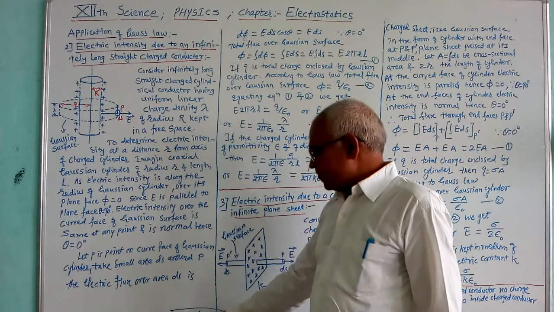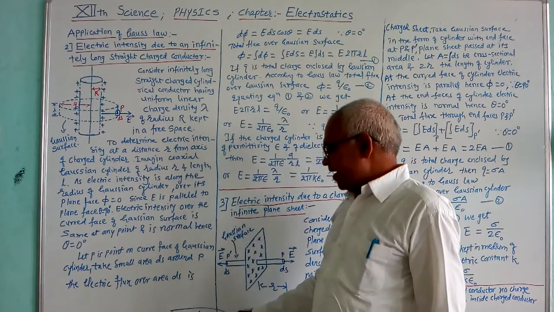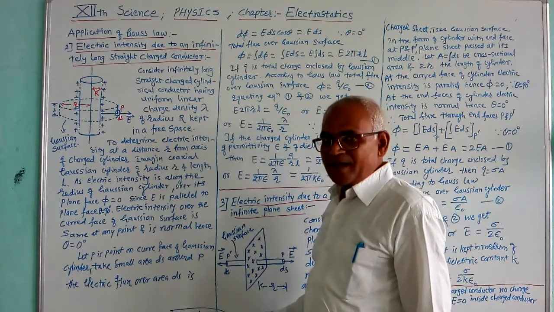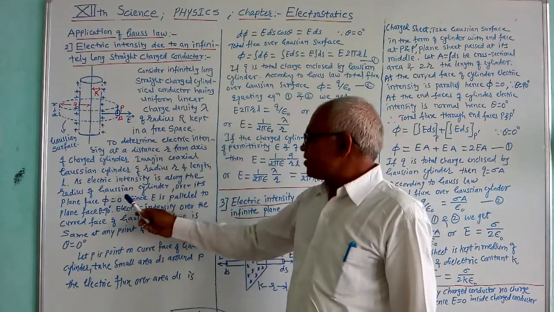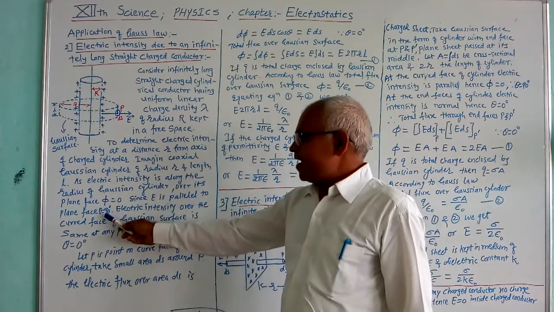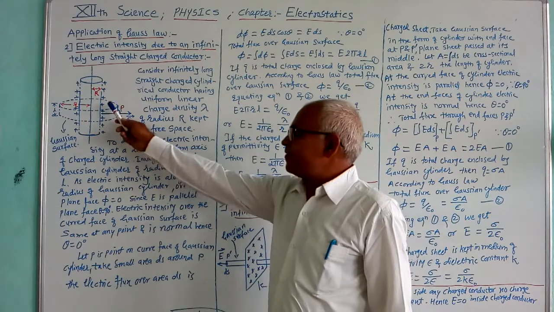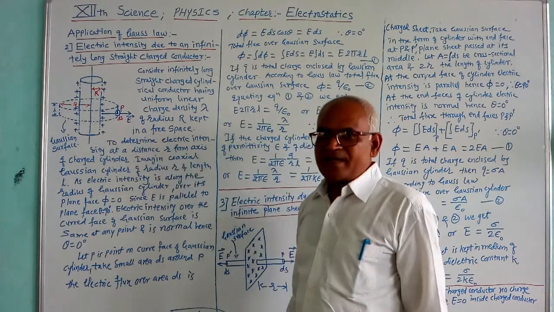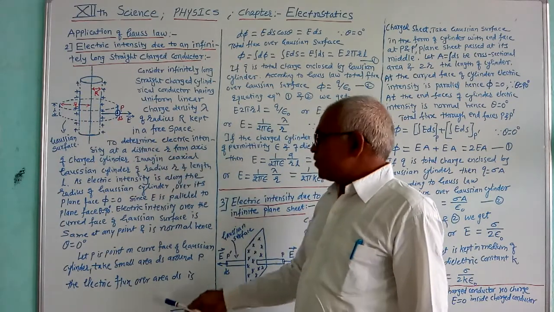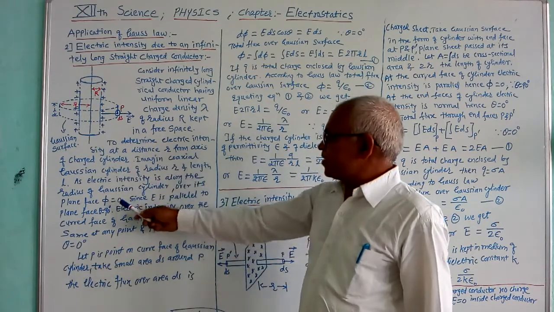Because the equation for electric flux is E ds cos theta, and as theta is 90 degrees at the plane faces, the total flux over the plane faces is equal to 0.